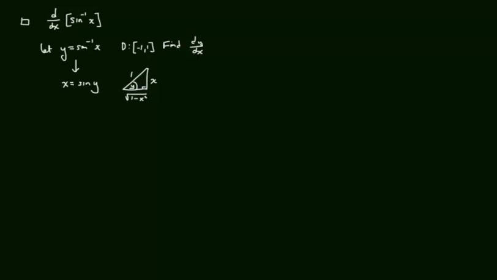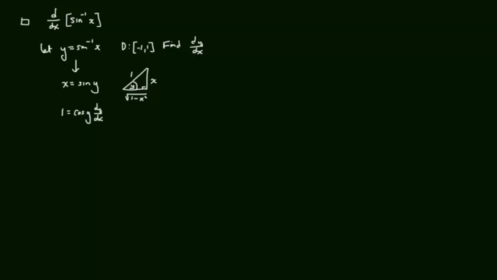Now that I have x equals sine y, it is simply a matter of doing implicit differentiation. So the derivative of x with respect to x is 1, and the derivative of sine y with respect to x is cosine y times dy dx.